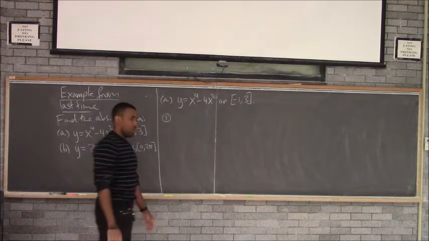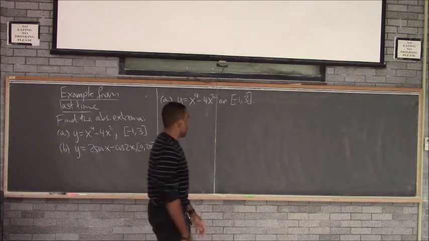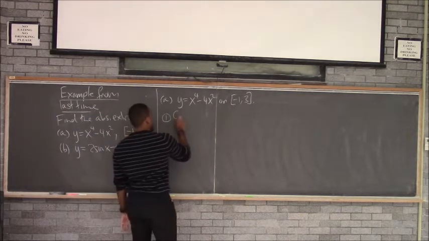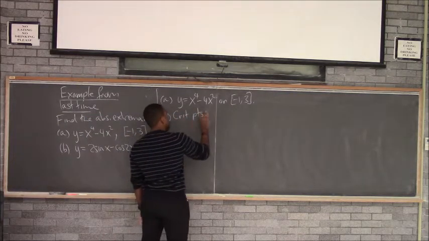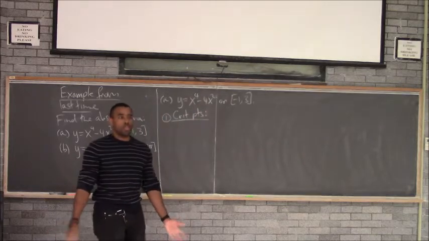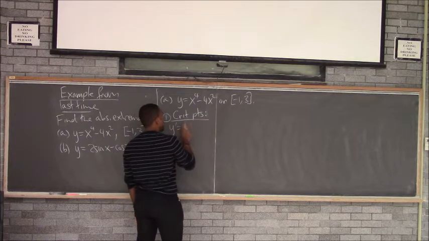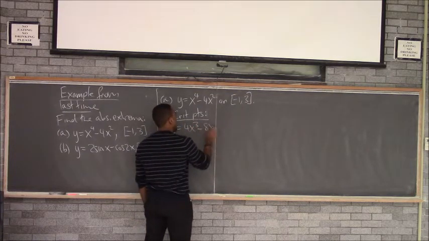What's the first thing you do to find the absolute maximum? Critical points, going to be the first thing. How do you find critical points? Y prime equals 4x cubed minus 8x.